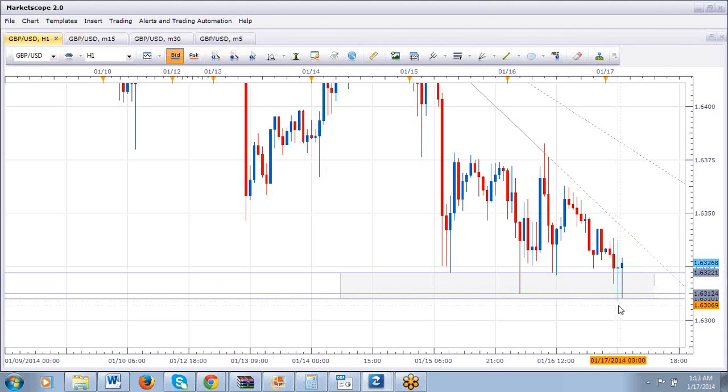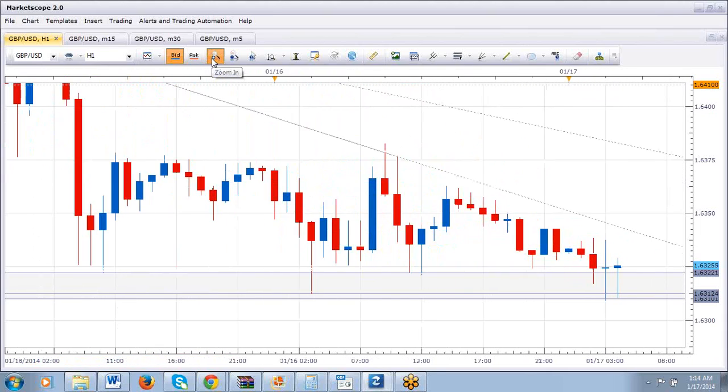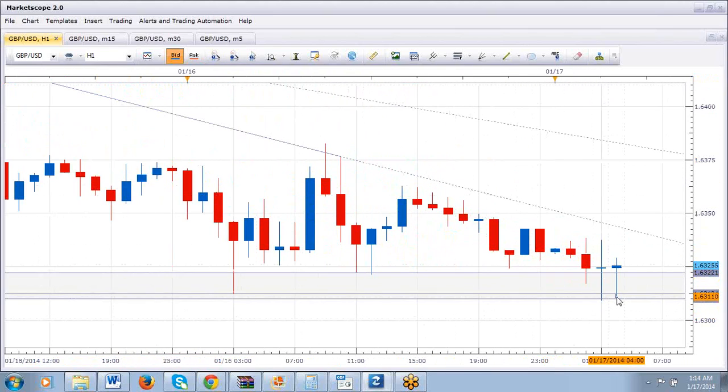Also from this perspective, see this high wave doji right here. There's a lot of uncertainty. They don't know where to go, whether to the upside or the downside. But as long as this low doesn't go below, then it's fine. So that low is 63.09.